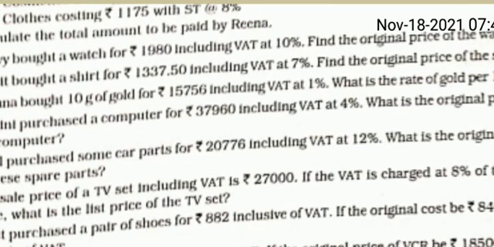Now come to the next question, question number 5. Here it tells that Karuna bought 10 gram of gold for rupees 15,756, including VAT at 1%. The question asks what is the rate of gold per 10 gram.